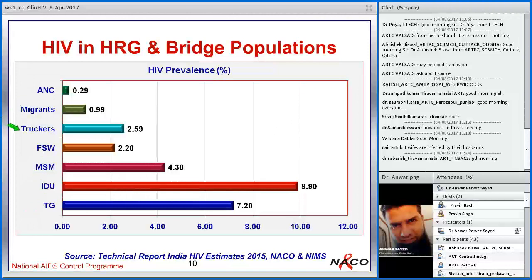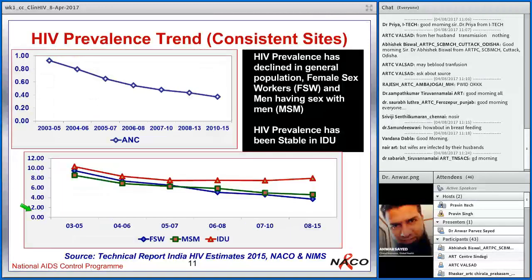Migrants and truckers are considered to be the bridge population, a bridge which connects the high risk group with the general population. In all these groups, the prevalence of HIV is either stable or reducing. Especially in IDUs, if you see this slide, you will understand better. In ANC we already saw that prevalence has reduced over a period of time, and in the other high risk groups also it is reducing, but in IDU it is stable.